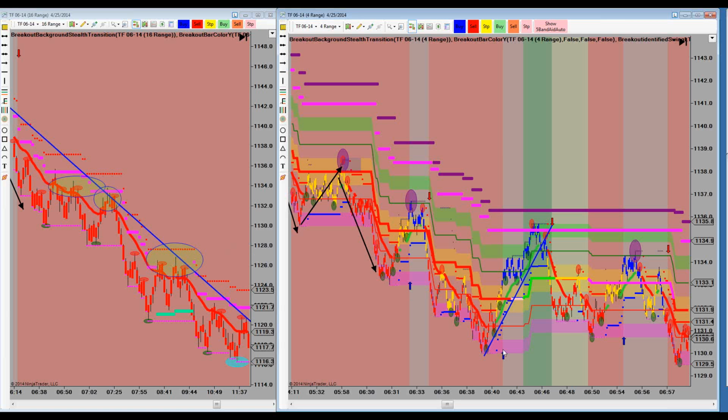If you look on the left, that was about 6:40 a.m., and that would have been more or less right in here. This retracement here equates to this retracement right here. You can see on the 4, it's very much more pronounced, right? It goes all the way up to here and checks this resistance line, whereas over here it hardly looks like it moved at all. See how it's red and still heading down?